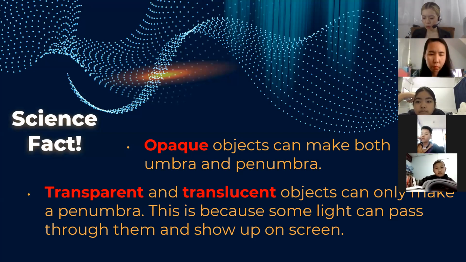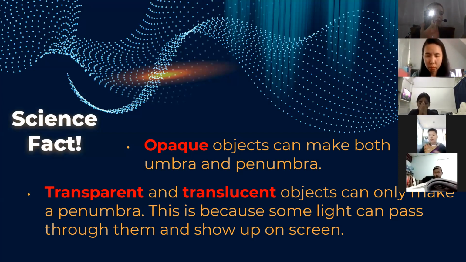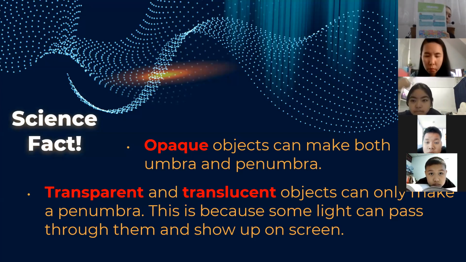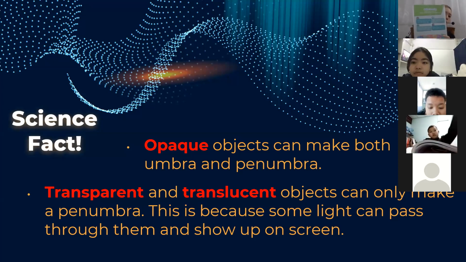Okay, I'm going to show you, class. I will make use of my phone as a flashlight. Class, everybody look. If I put the flashlight behind this book, can you see the light? No, right?